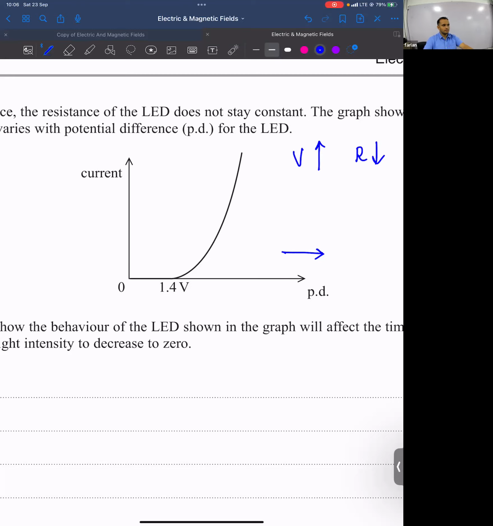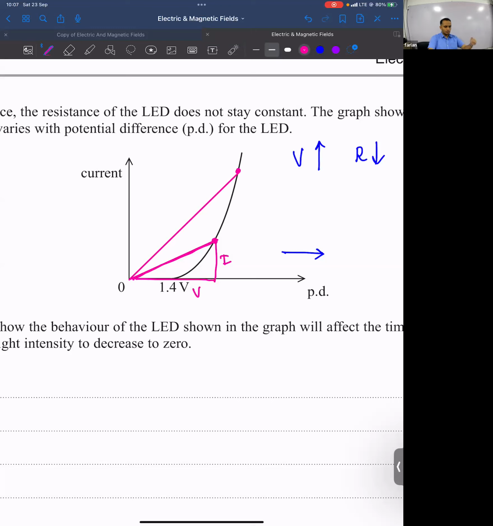Okay, let me explain it for those who need it. I will just take a random point here. Resistance is given by I over V. Sorry, resistance is given by V over I. I over V is this slope, and the slope is high here.